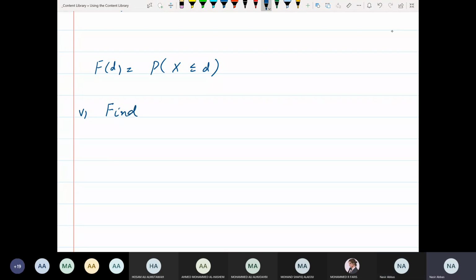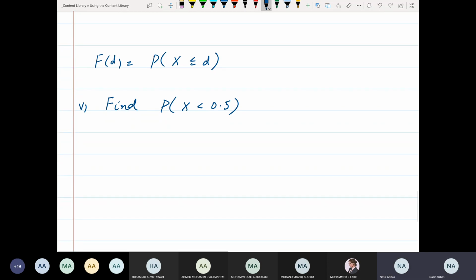Find the probability that X is less than half. I'm going to show you both ways to get these probabilities, and the second one will be easier. I can use simply f of x. So this probability of less than half will be simply the integral from 0 to half of 3x squared dx. And this is going to be the integral of 3x squared, which is x cubed, from 0 to half.